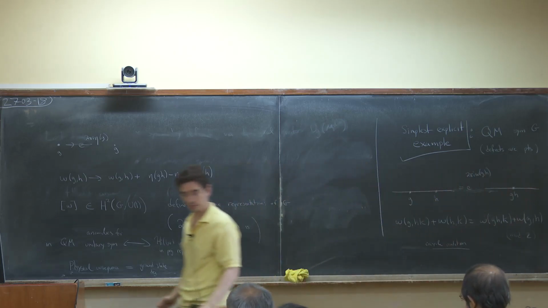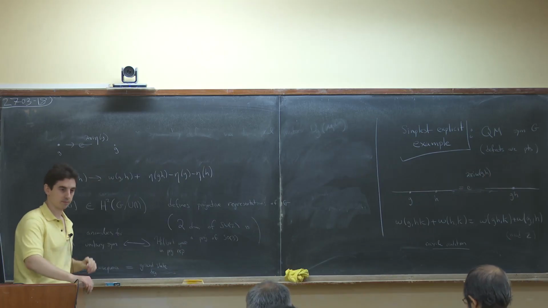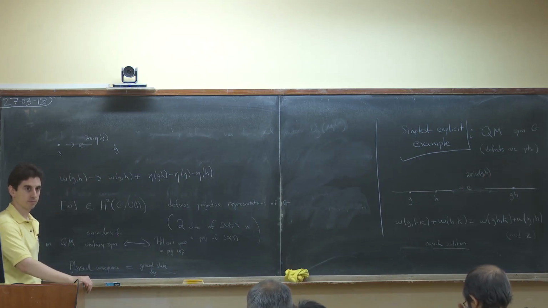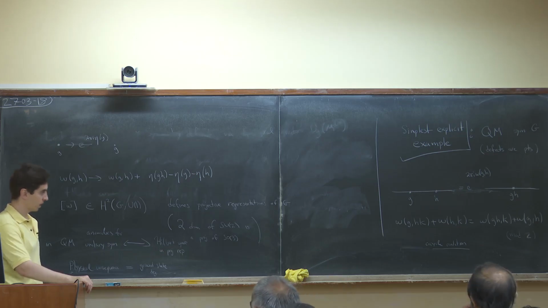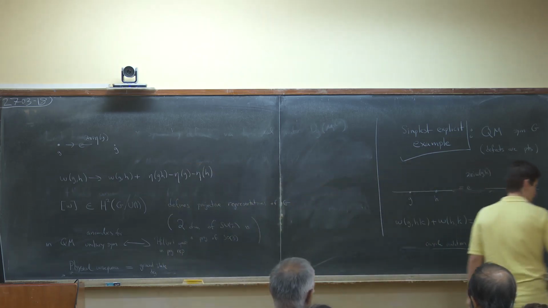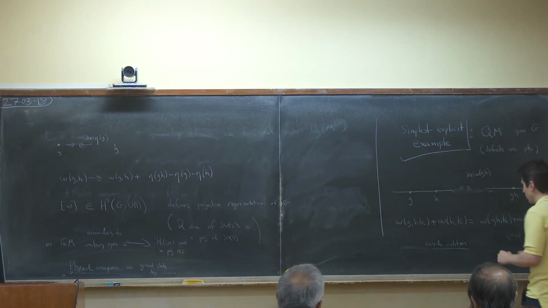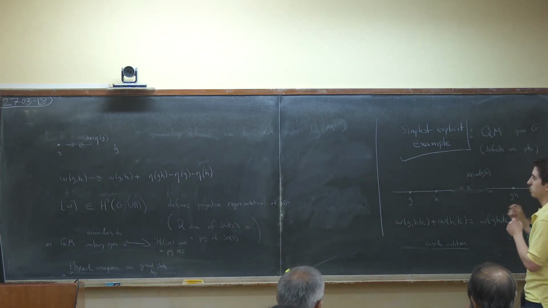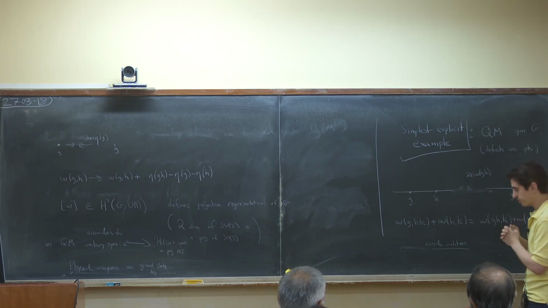I'm really sorry, but the link I'm missing is why the anomaly defined in the first way, as a failure of the partition function to be gauge invariant with respect to a background gauge field, implies a non-trivial phase here, and vice versa. Good. The first thing is that there's a complete dictionary between symmetry defects and flat background gauge fields.